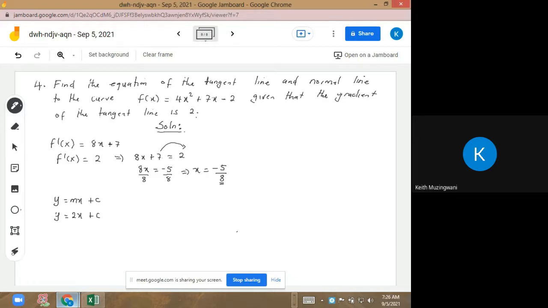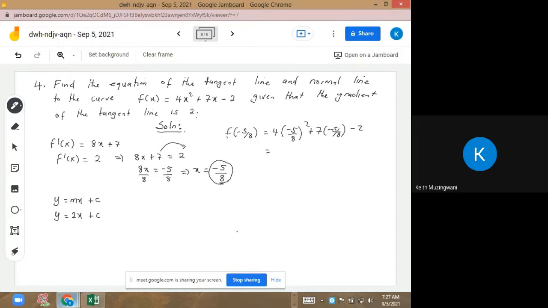The only challenge is that we don't have a value of y for us to find c. So what we can do here is to get this value of x, substitute it in f, so that we get the value of y. So we have 4 negative 5 over 8 squared plus 7 negative 5 over 8 minus 2.